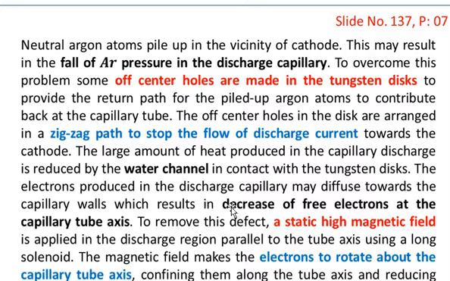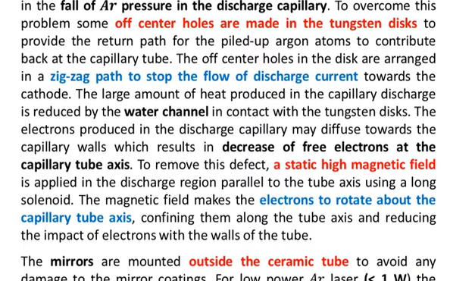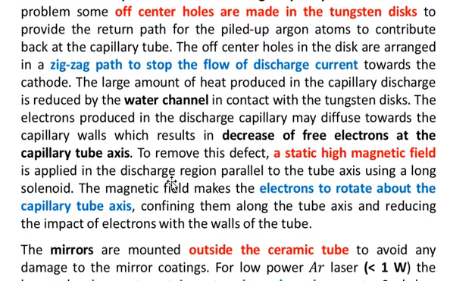The electrons produced in the discharge capillary may diffuse towards the capillary walls, which results in a decrease of free electrons at the capillary tube axis. To remove this defect, a static high magnetic field is applied in the discharge region parallel to the tube axis.